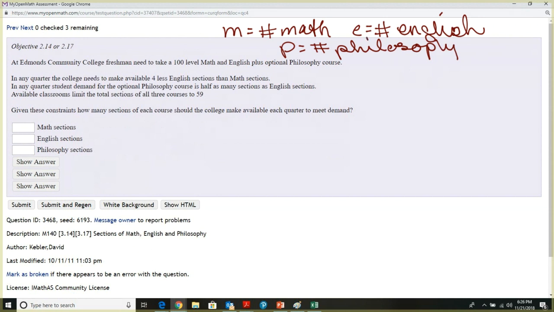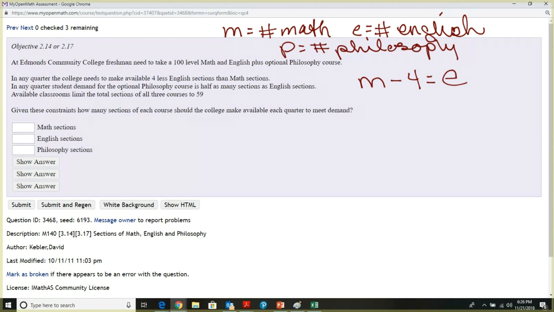All right, so then it says the college needs to make available 4 fewer English sections than math sections. So however many you have for math, subtract 4, and that's going to be the number of English. So if I had, say, 12 math, 12 minus 4 would be 8, so I'd have 8 English. So English is always going to be M minus 4.